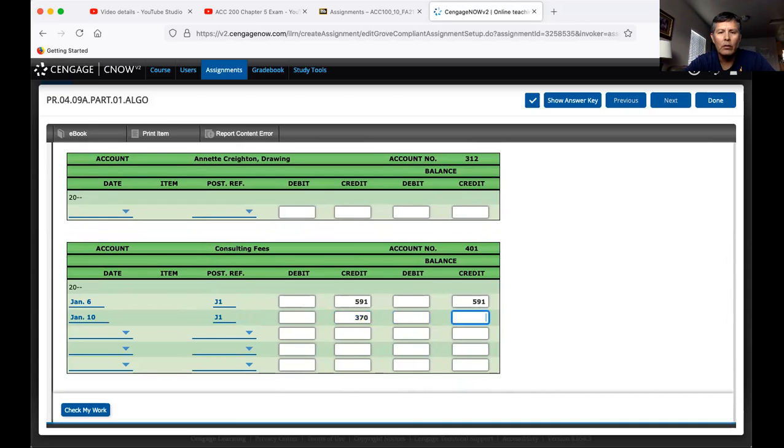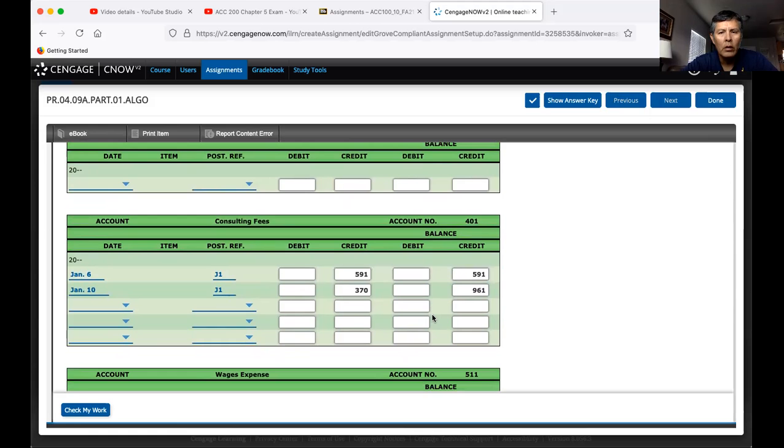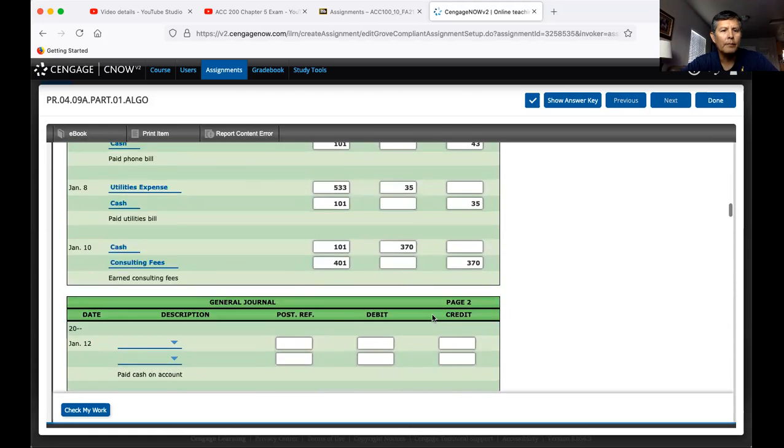So our total consulting fees is going to be 591 plus 370 equals 961. Okay, so we recorded to the general ledger, and then we record into our individual accounts. So we're good with that.